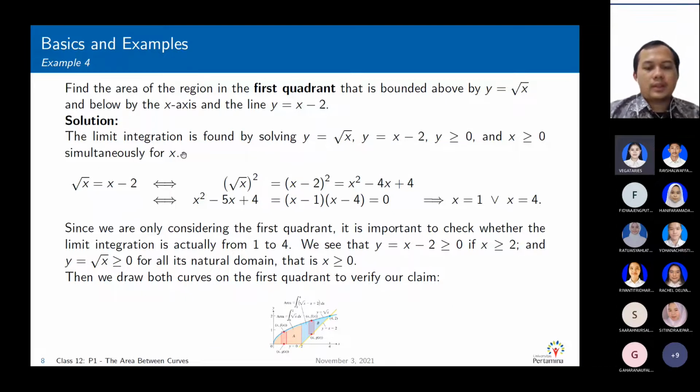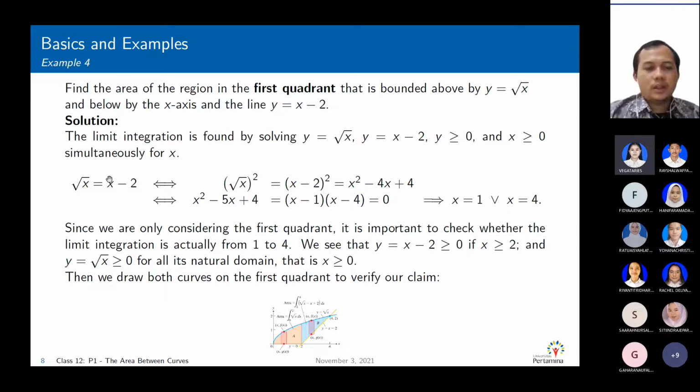So the limits of integration, again, we find by finding the intersection points, which in this case we get by setting y equals square root of x equal to the line y equals x minus 2.